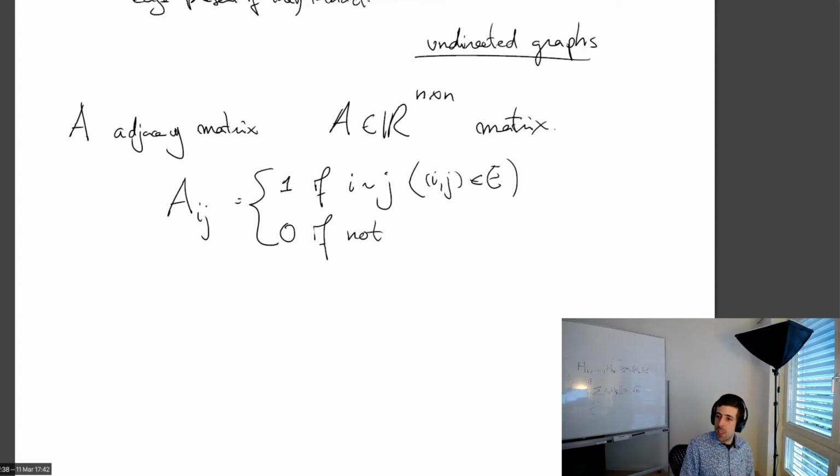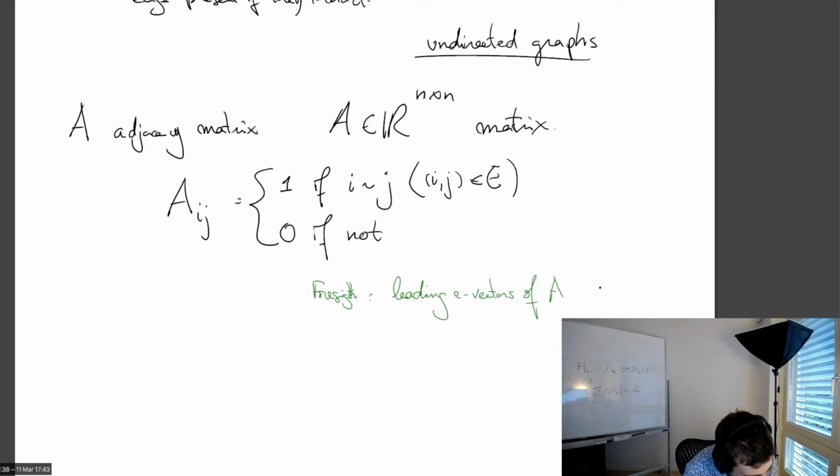So the idea that we get from before is that leading eigenvectors of this object will tell me something about the graph. We should already have this hint, or foresight, in mind: the leading eigenvectors of A will tell me something about the network.